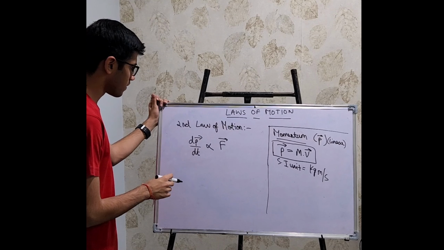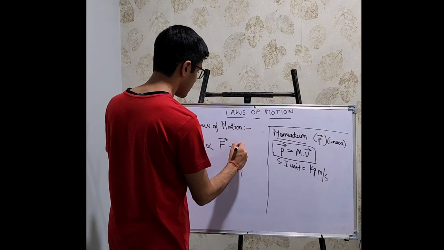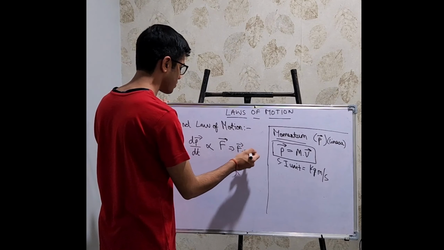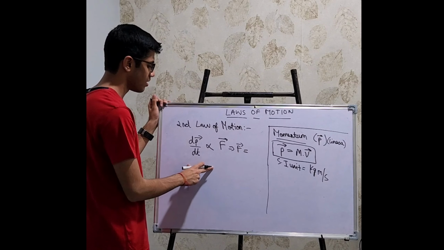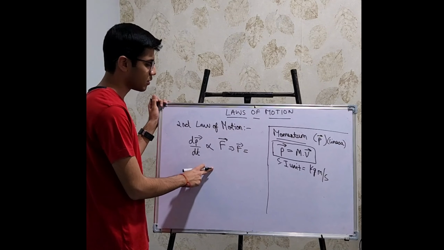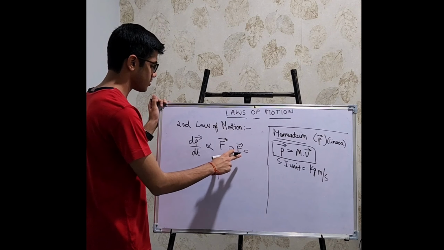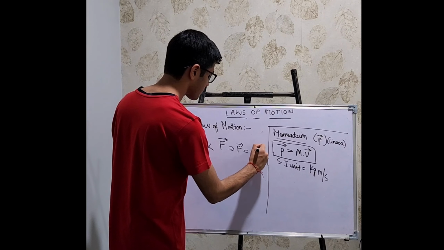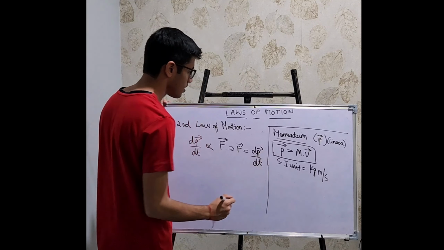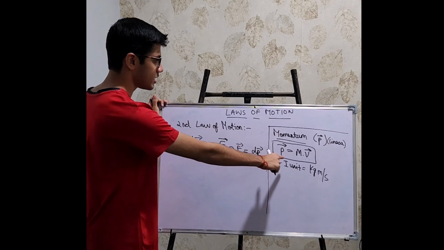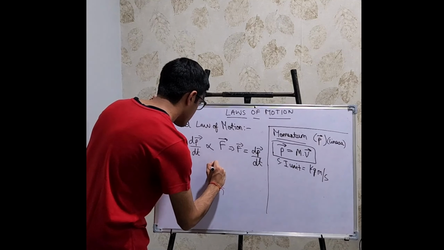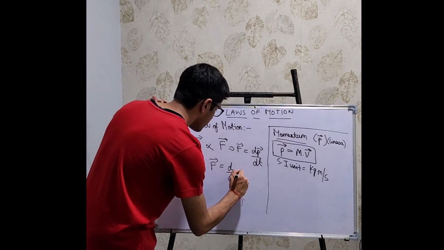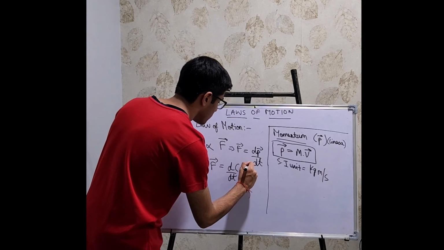Now, if we solve this further, to remove the proportionality sign, we need to put a constant k, and its value has been scientifically found to be 1. I'm not writing that because 1 into something is just the same thing. So F is equal to dP by dt, and we know that P is equal to mass into velocity. So force is equal to d by dt of mass into velocity.